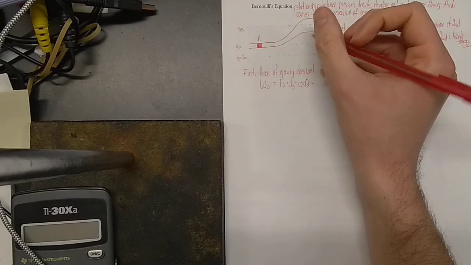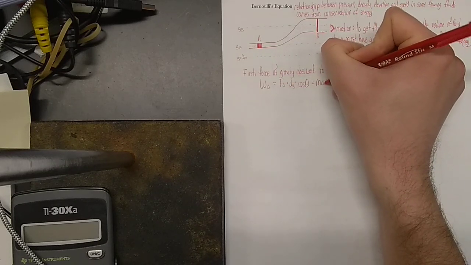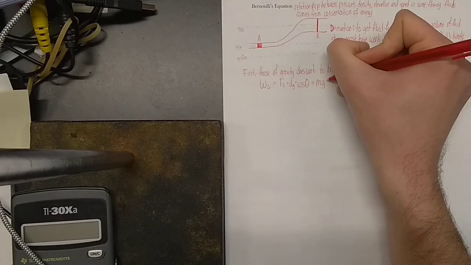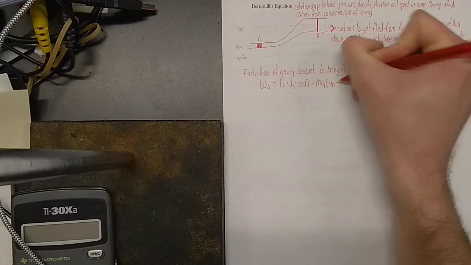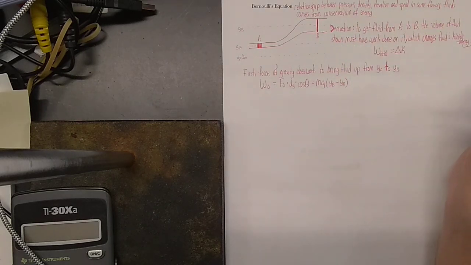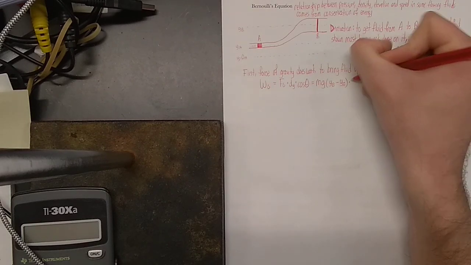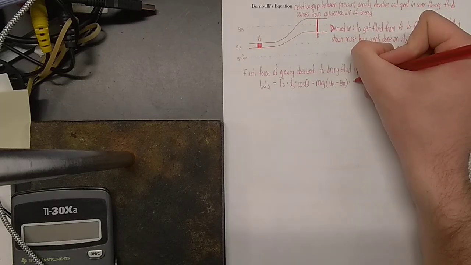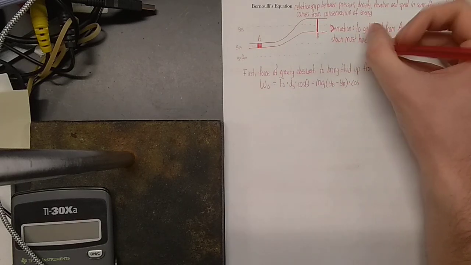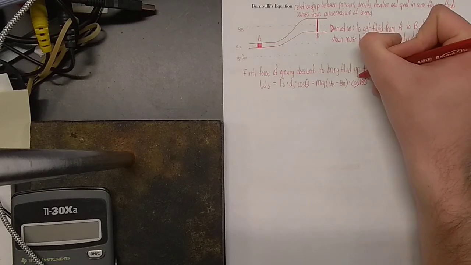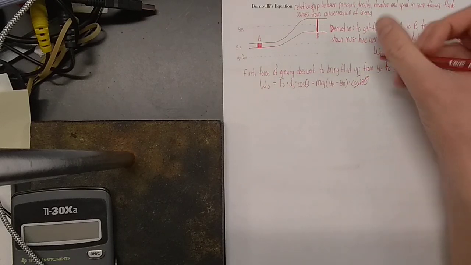Force of gravity is mg, so this is m being the mass of the liquid, times g, times the elevation that it gains, which is yb minus ya. And then force of gravity points down, the displacement is up, so we're dealing with vectors that are opposite each other, which means there's 180 degrees between those vectors. The cosine of 180 degrees is -1.